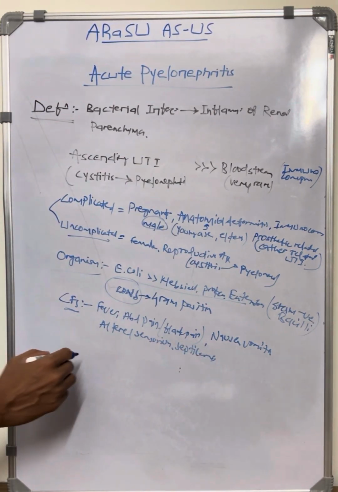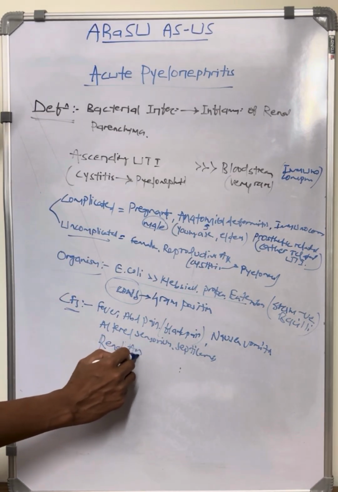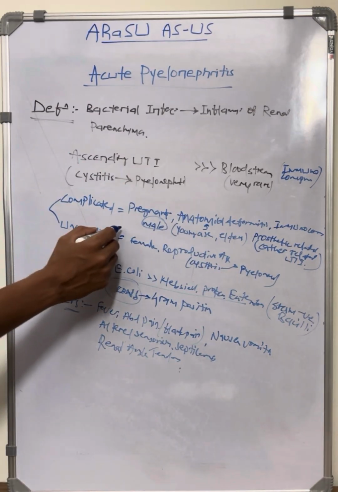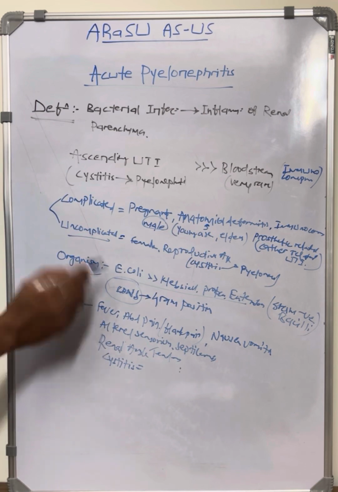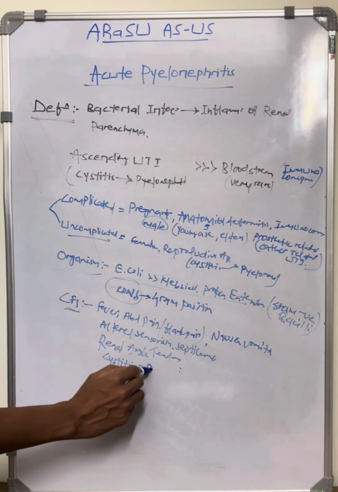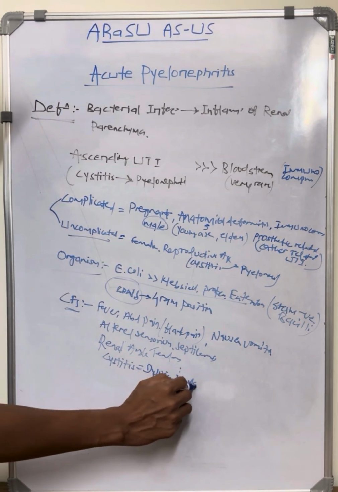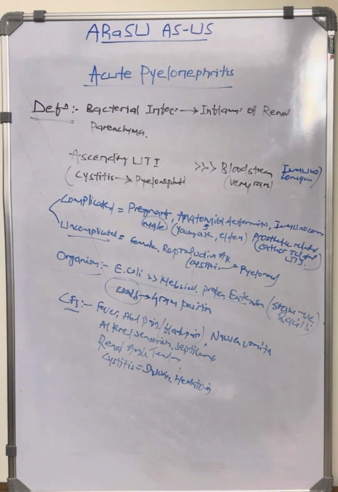And when we examine, there will be renal angle tenderness. And if there is cystitis, which is often seen associated with pyelonephritis, there will be dysuria and there might be hematuria also. So these are the clinical features.